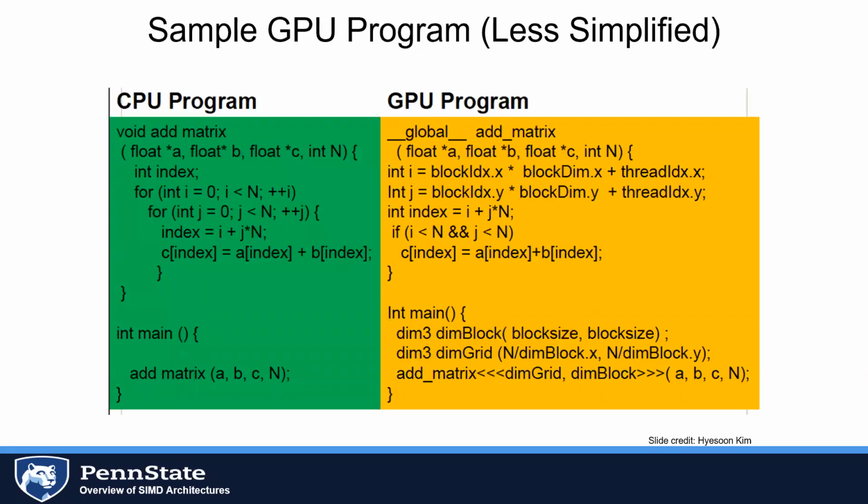So let's look at something with a little more structure. Let's say I want to add two matrices together. The natural way to do that in C would be something like this.